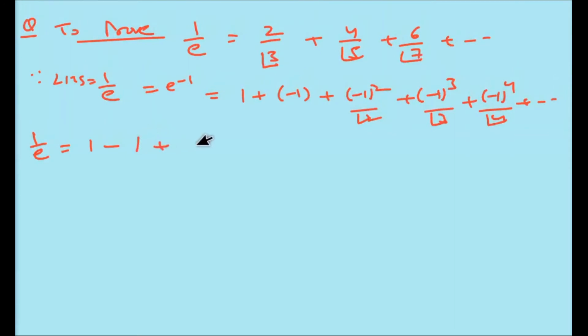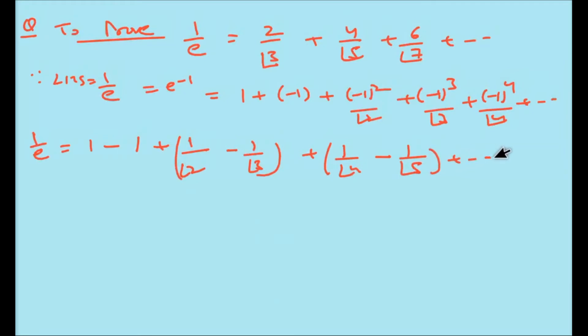1 plus this is 1 upon, and solving this we get factorial 2, and here is minus 1 upon factorial 3, and we take in bracket. Okay, similarly we will take 1 upon factorial 4 minus 1 upon factorial 5, and so on.